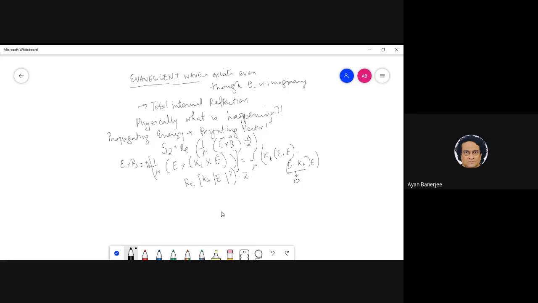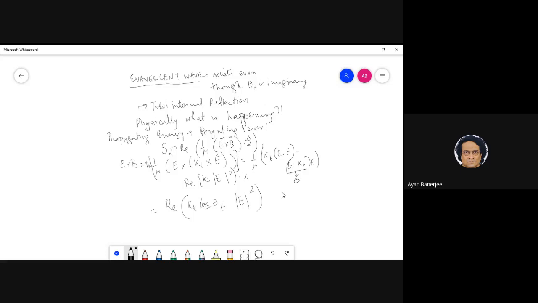Now comes the maza. So what is this KT dot Z? How can I write this? KT dot Z means KT cos theta T, right? Is that correct? KT dot Z is cos theta T, right?